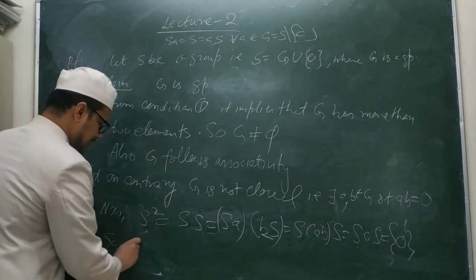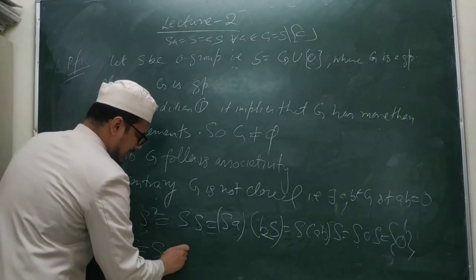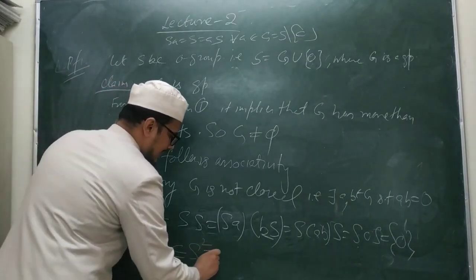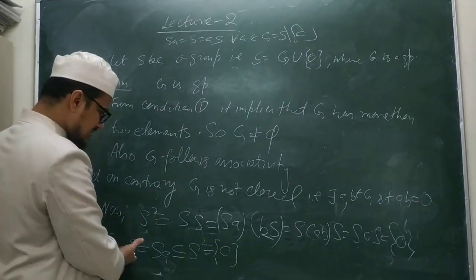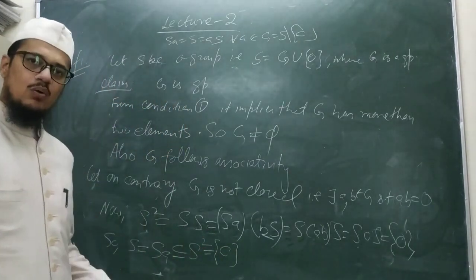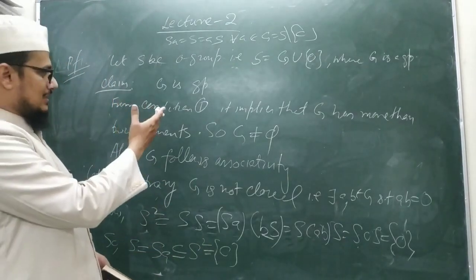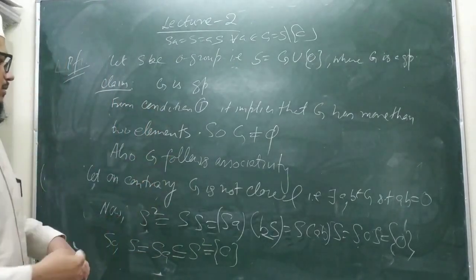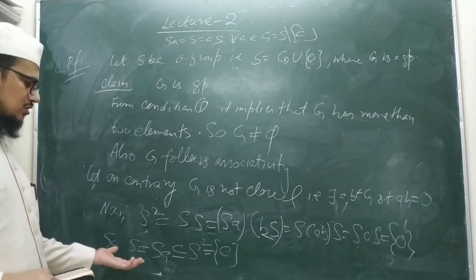So S will be SA and it is contained in S square and it is 0. And this is a contradiction because S is equal to 0. It's a contradiction. We have already said that G has more than 2 elements, and also S, it's not possible if S is 0.